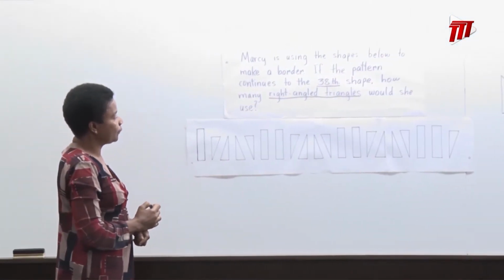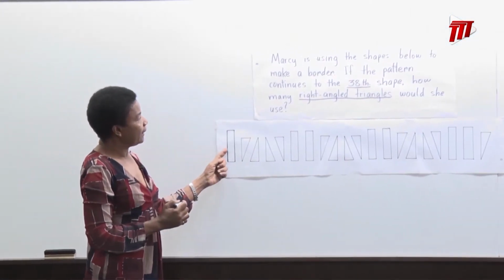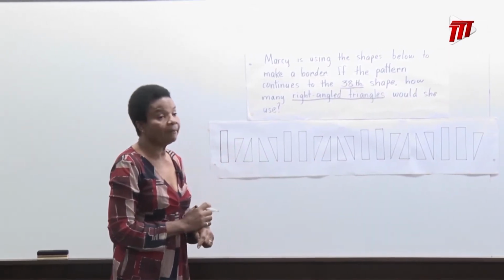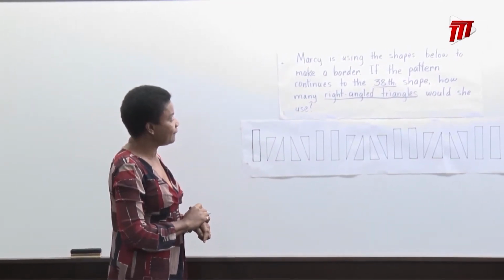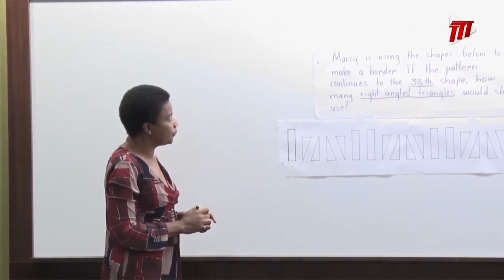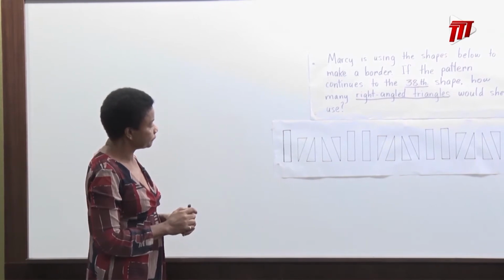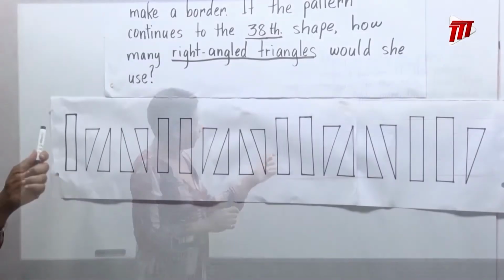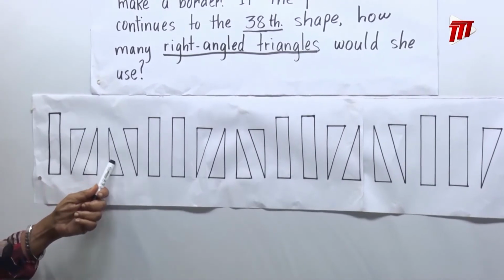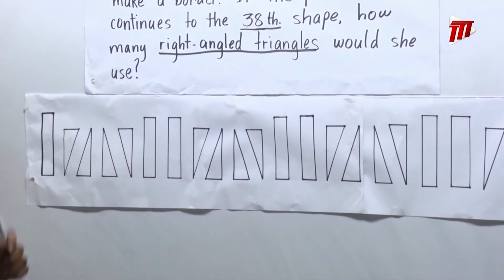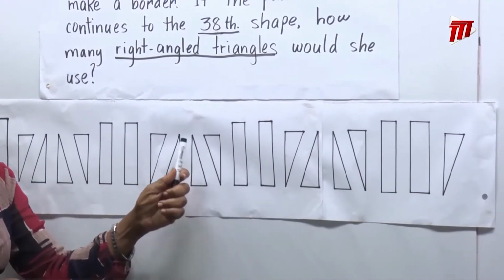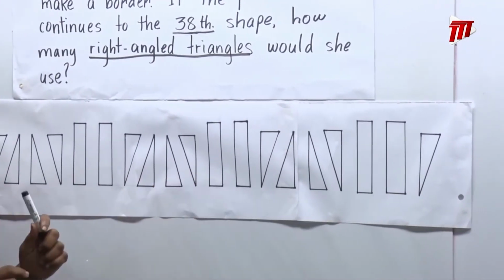What else must we know? We must know that if this is a repeating pattern, then there must be a core. So let's identify the core. Remember, the core is the unit that is repeated. So what do we have? There is a rectangle, a triangle, a triangle, a triangle, a triangle, a rectangle, a rectangle, a triangle, a triangle, a triangle, a triangle, and a rectangle.